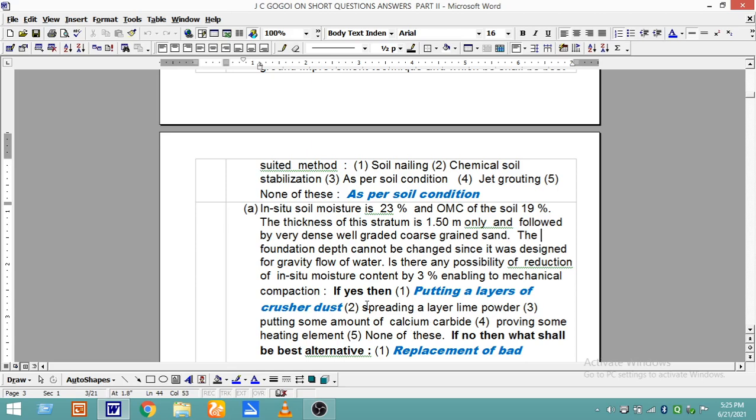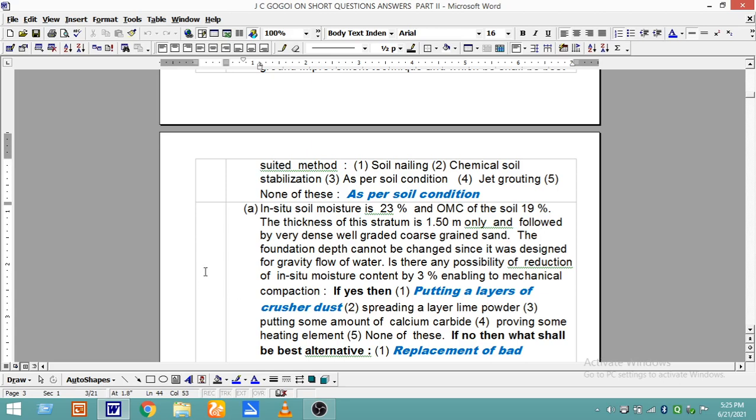Now, if yes, our correct answer is putting a layer of stone crusher dust, because water absorption of crusher dust varies from 9% to 11%.